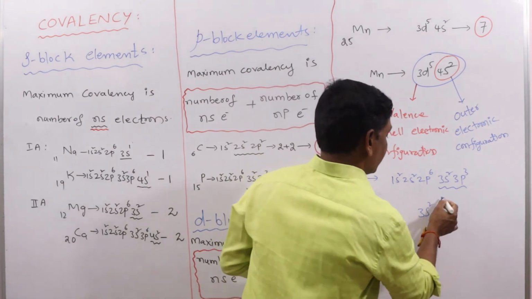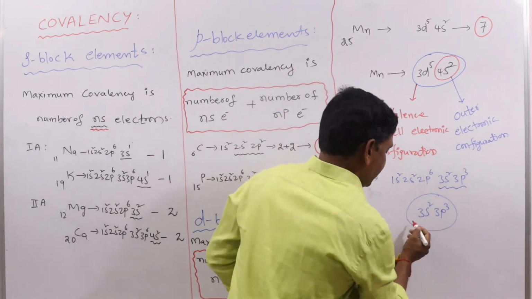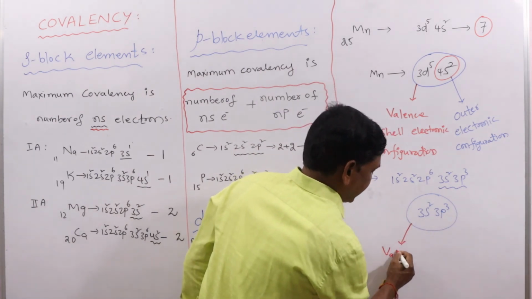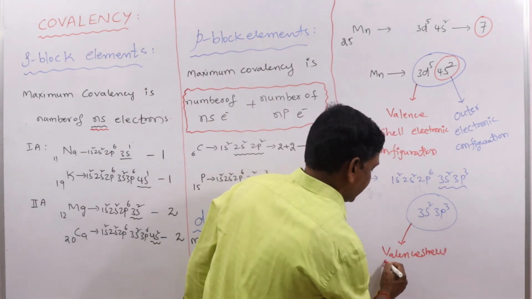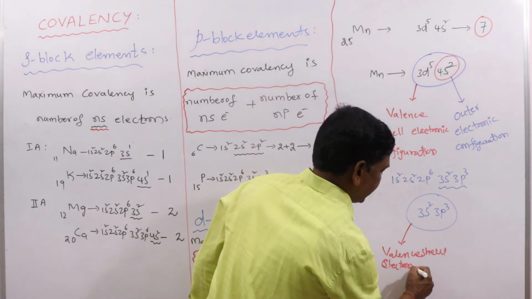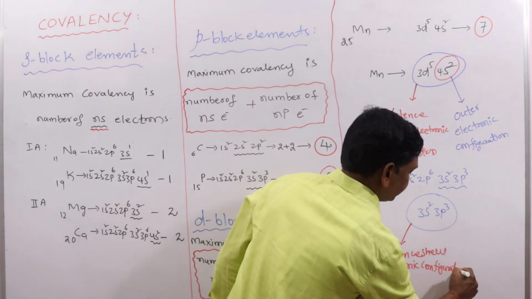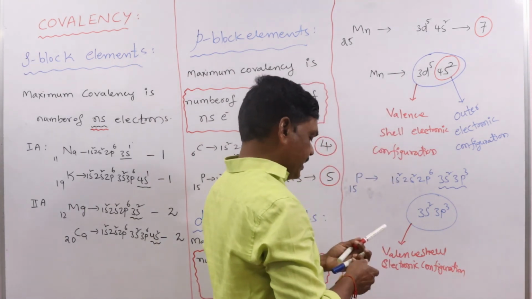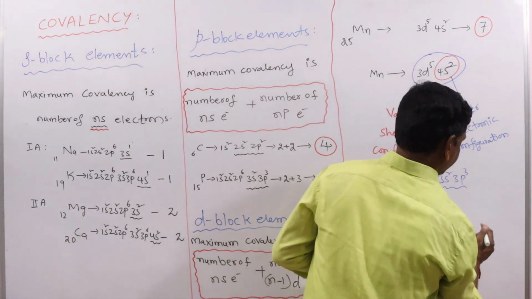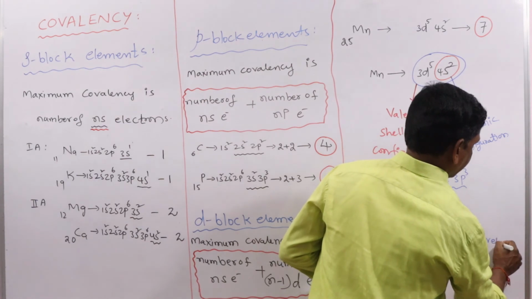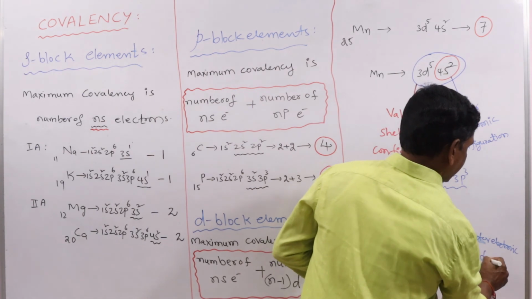It is known as the valence shell electronic configuration. It is also known as the outer electronic configuration.